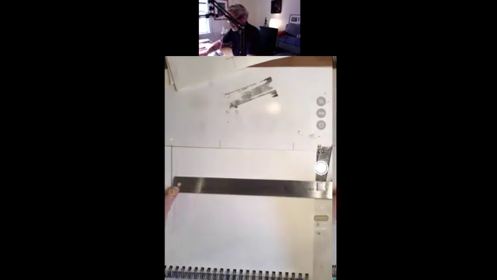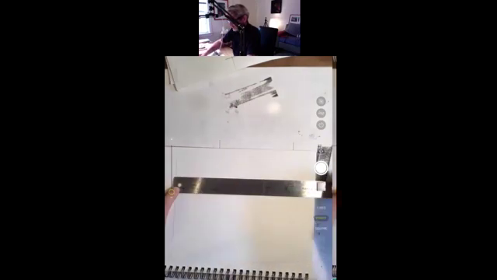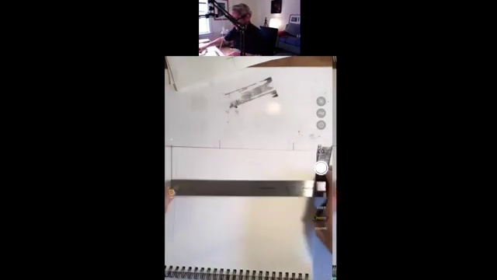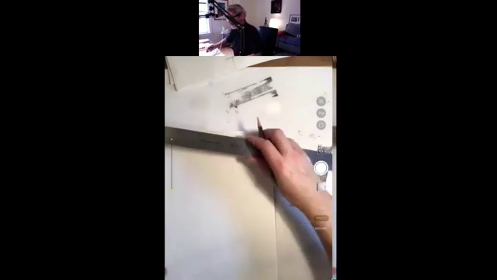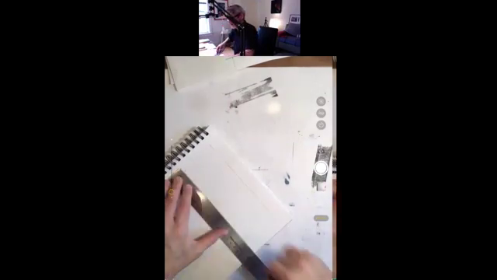If you're using the end of the ruler at 0, it's going to be inconsistent. So I mark down 3 and 3. I find it's helpful. I'm right-handed, so I draw on the right side of this.